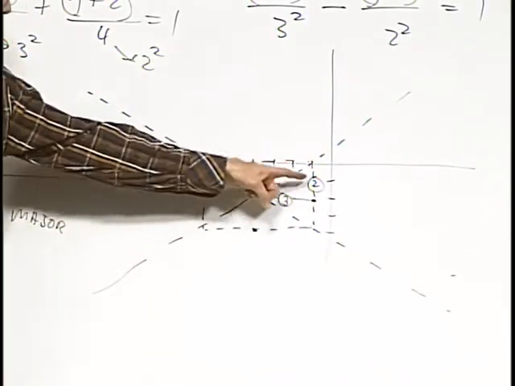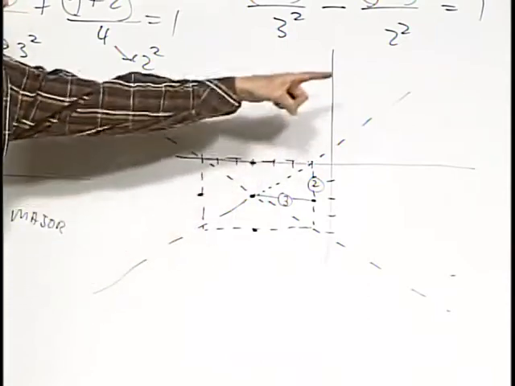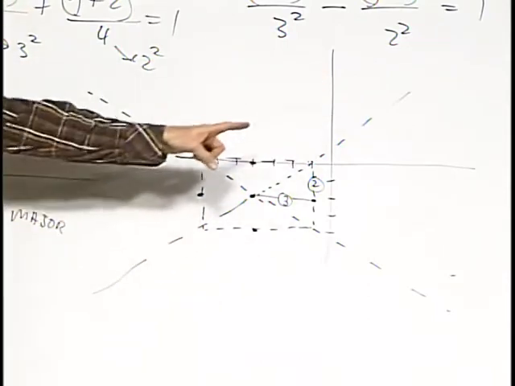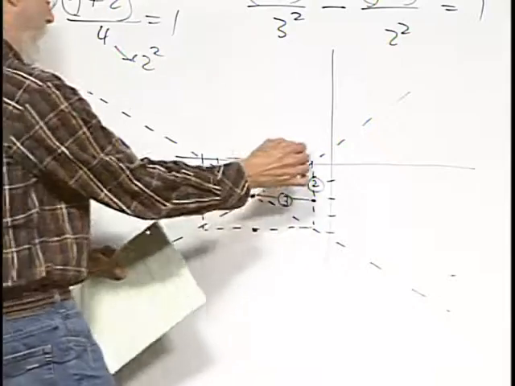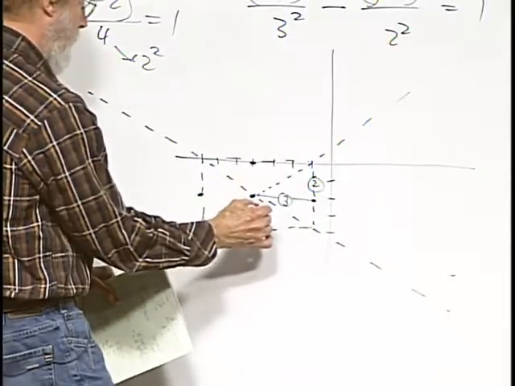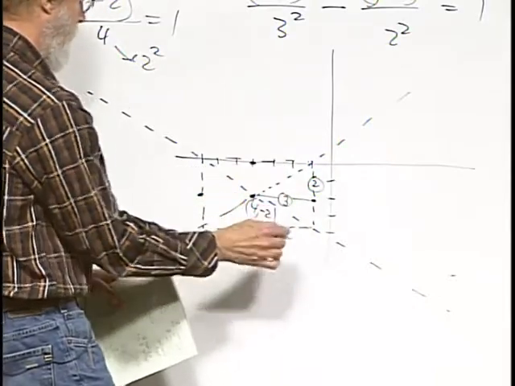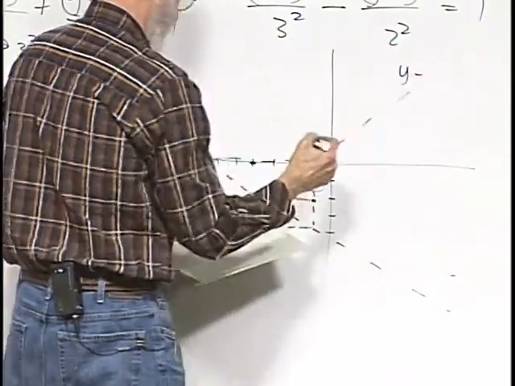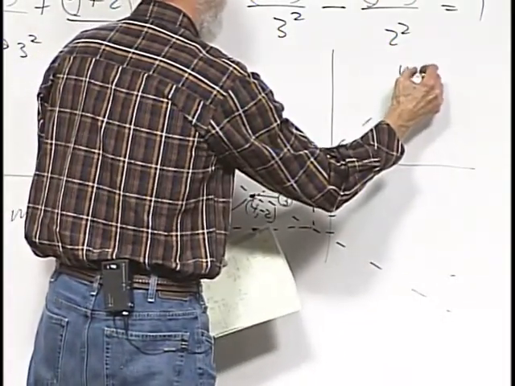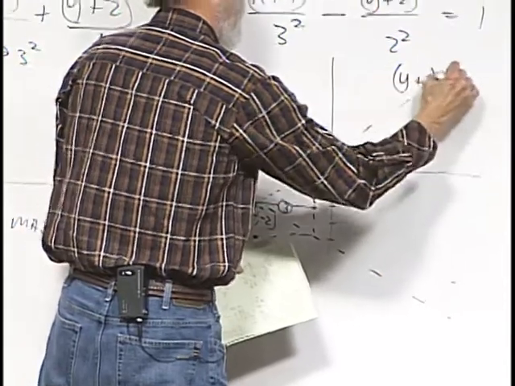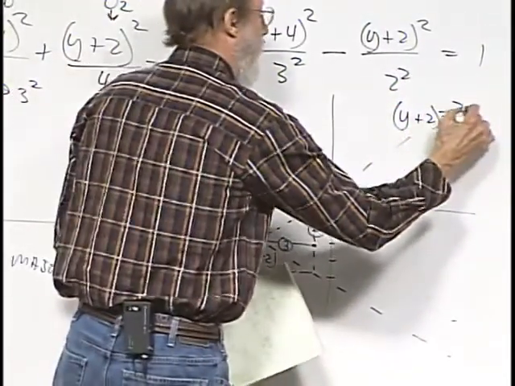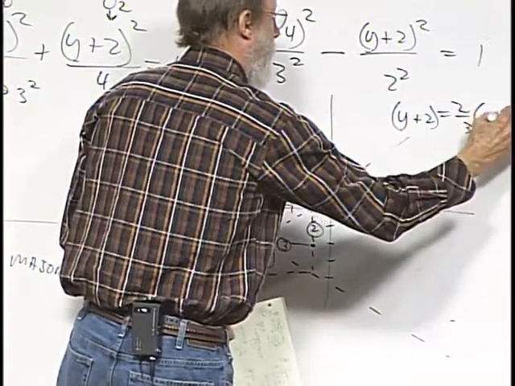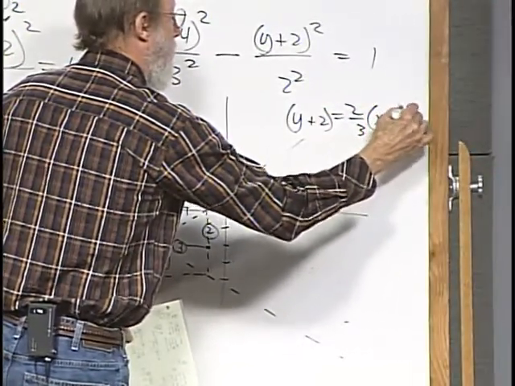So oftentimes you need the equation of those asymptotes. And so right away what I usually do off on the side is I usually know my center is at -4, -2, and so I use the point slope equation of a line. So y minus a -2 becomes y plus 2 equals the slope 2/3 times x plus 4.